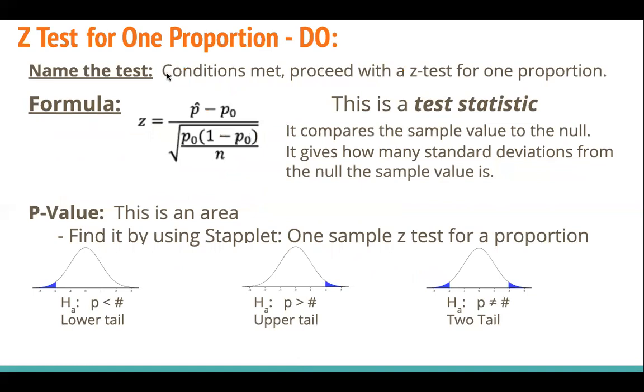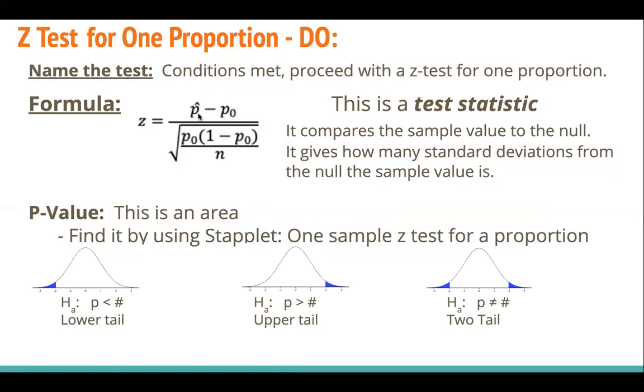The name of the test: we've done a z interval for one proportion, a z interval for two proportions. We're now doing a z test for one proportion. And this z statistic is a comparison. It's called the test statistic, and it's comparing how the sample compares to the null hypothesis.